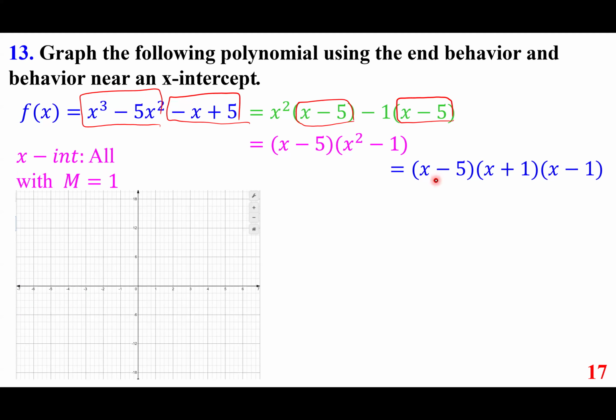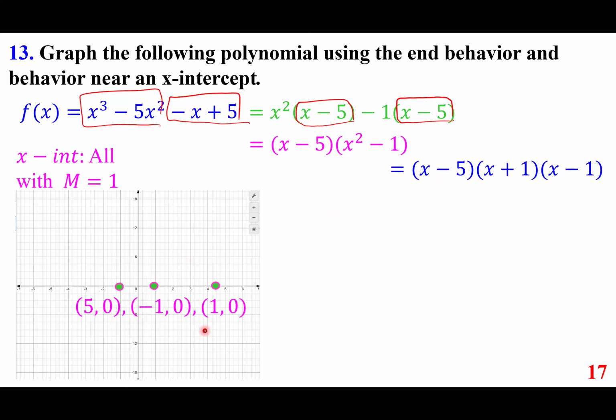This one, 5, 0, minus 1, 0, 1, 0. So set this one equal to 0, set this one equal to 0. So there are 3 x-intercepts: 5, 0, 1, 0, and minus 1, 0.